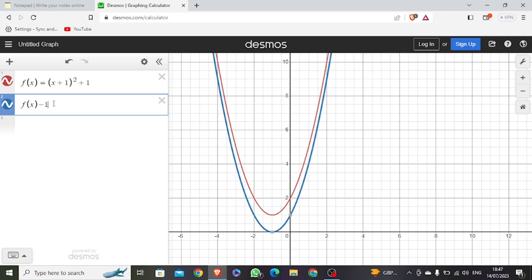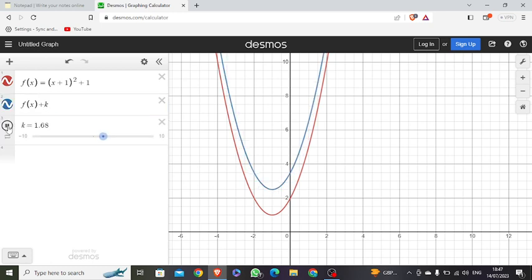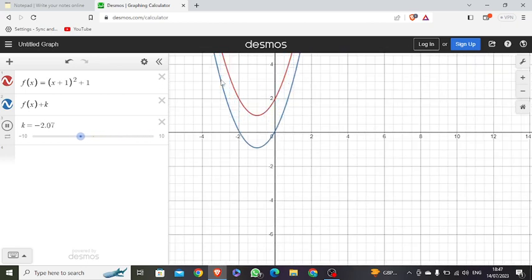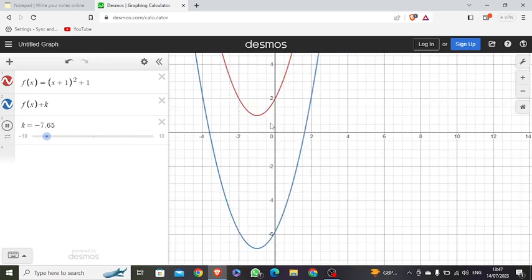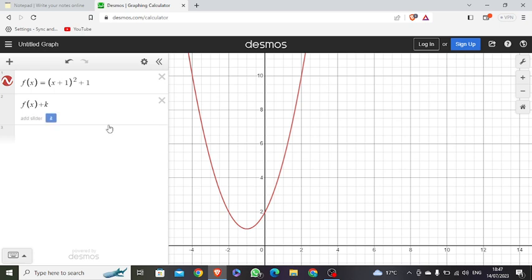And just to tell you, if you take f(x) plus k, every single one will add up, and the graph will go up or down depending on the number k, by k units, on a normal Cartesian plane.